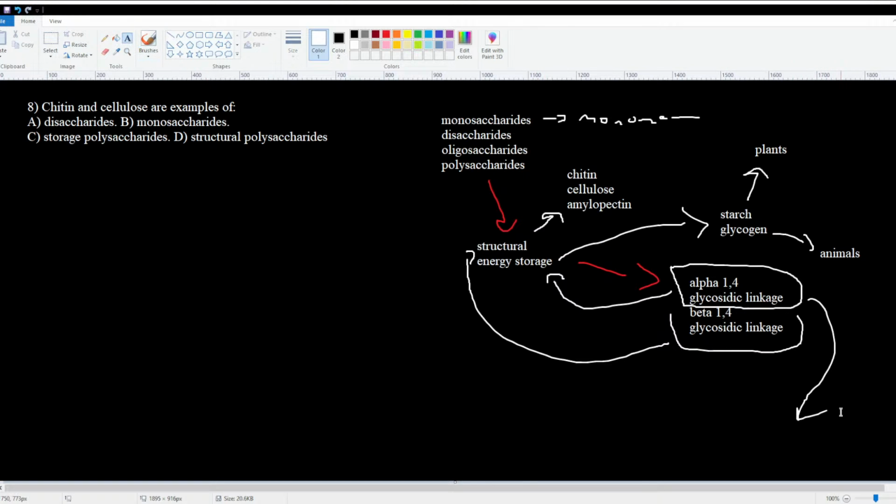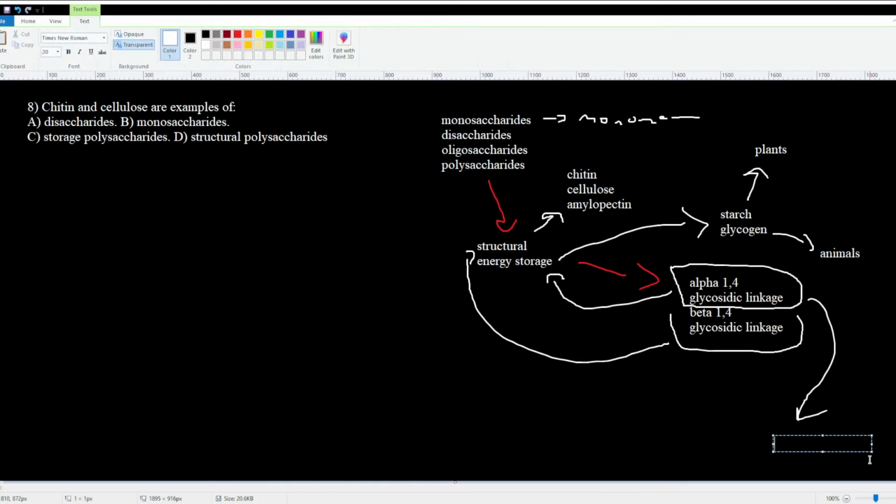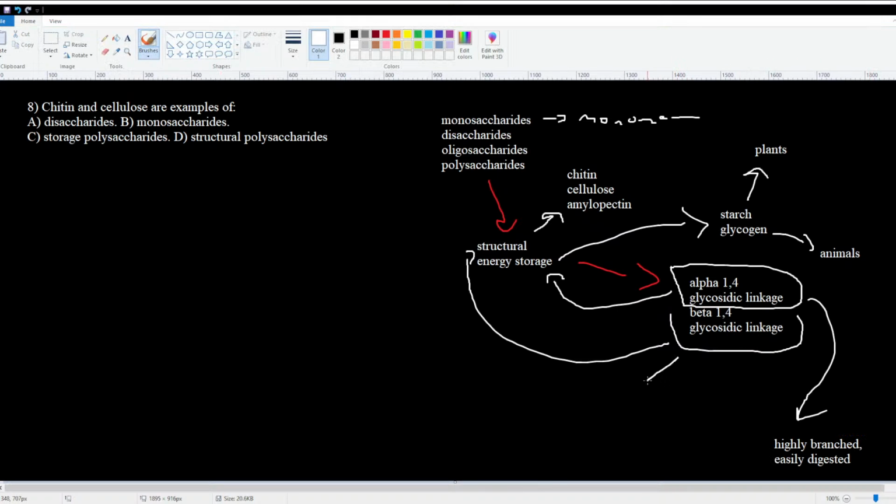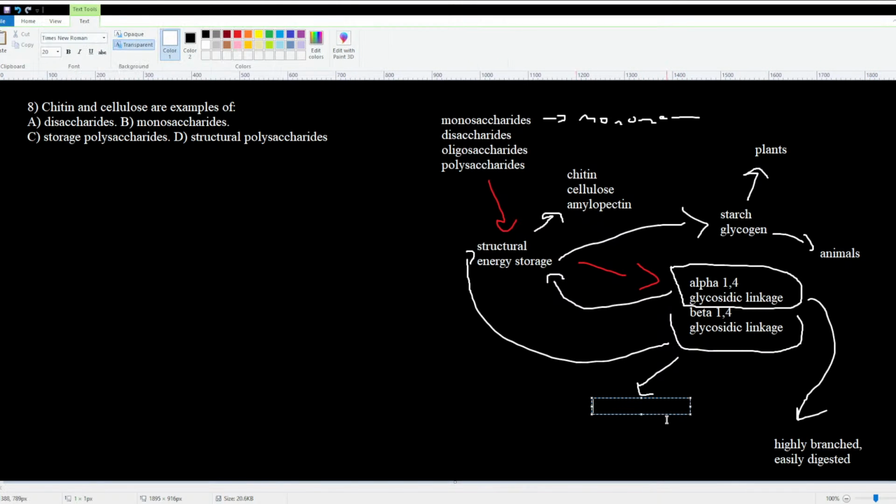So let's discuss more differences. Alpha 1,4 is going to be highly branched and easily digested, and beta 1,4 is going to be highly structured, or organized, and difficult to digest.